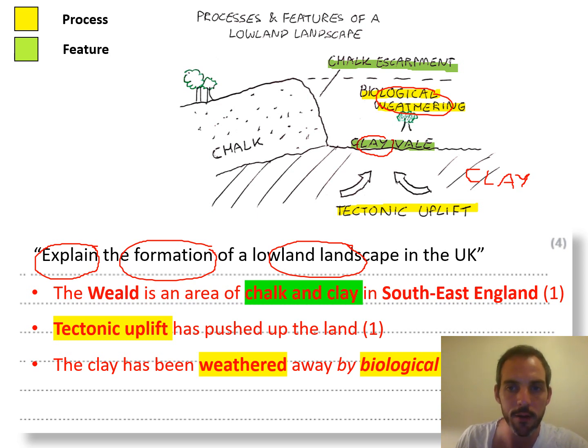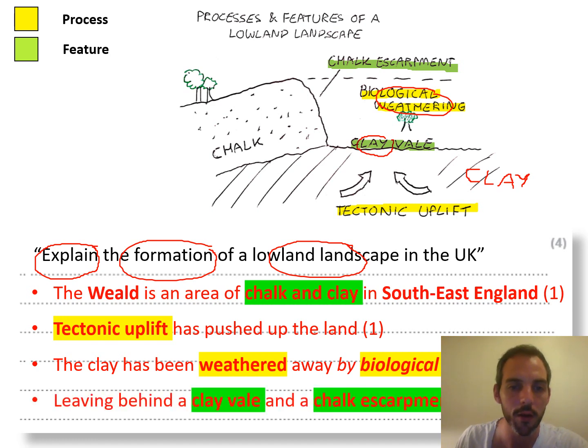Then finally, the fourth mark is what are the next features? Leaving behind a clay vale and a chalk escarpment. So give yourself a mark out of 4 and be honest and harsh with yourself, okay? And ensure that you correct your answer.